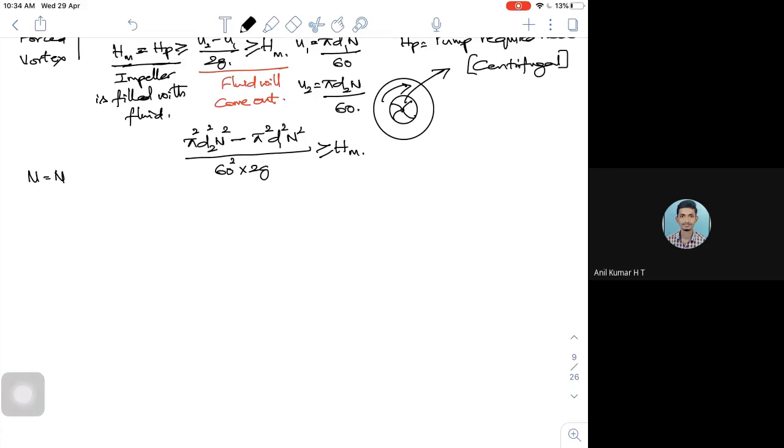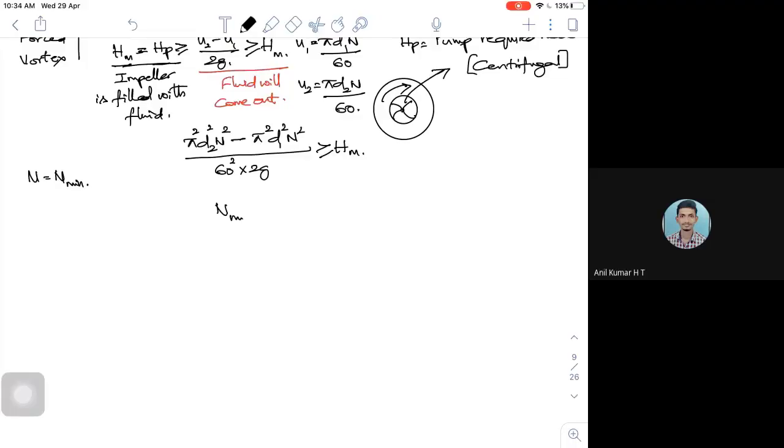So minimum starting speed means N minimum. I want to get an expression for N minimum. So N minimum square is greater than or equal to, taking to the right hand side, 60 square by pi square into 2g into HM, divided by D2 square minus D1 square.